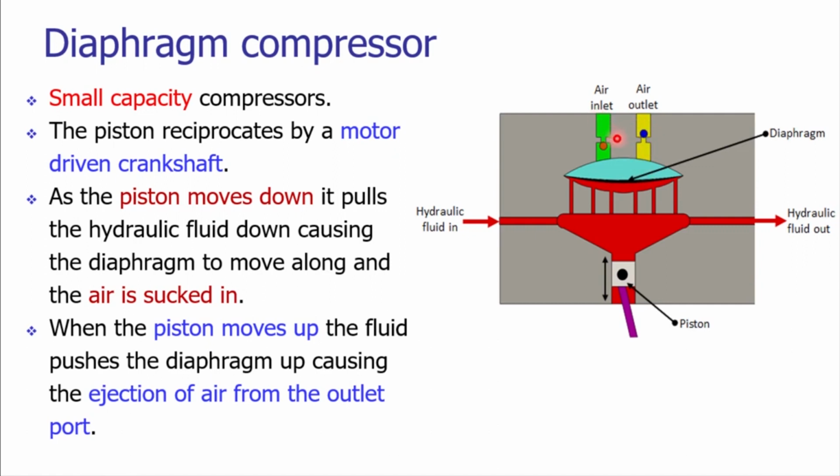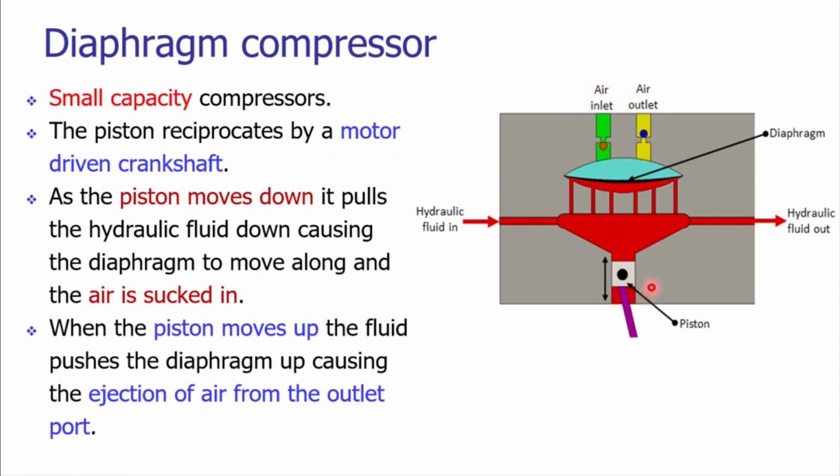There are two passages for the air. One is for the inlet, that is input, and the other one is the output. So when the piston is moving in downward direction, the fluid is moving in downward direction. So naturally the diaphragm also moves in downward direction, and due to pressure difference, we are getting the ambient air inside the passage.